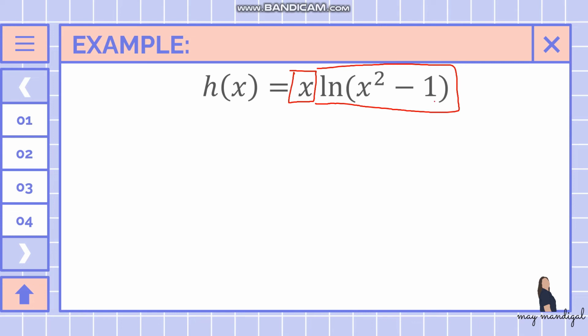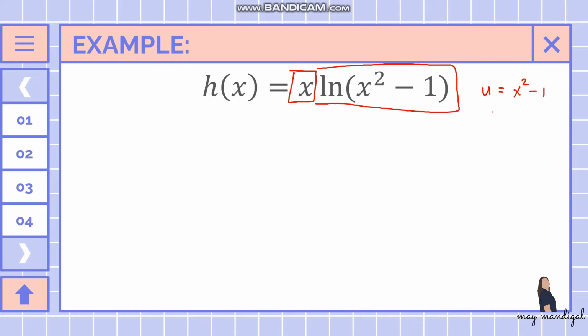Okay, so here we can identify that x squared minus 1 is our inner term or inner function. Okay, again, why do we have u as x squared minus 1? Because it is our inner function. Aside from the function ln, we still have a function inside of it, which is x squared minus 1.